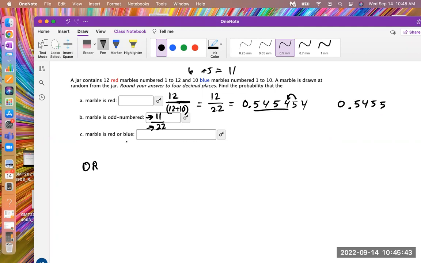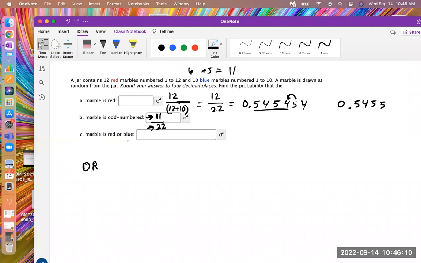Things that are not mutually exclusive could happen at the same time. Can a marble be red and blue at the same time? Well, not any of the marbles in this jar, because they're all either red or blue. There's none of them that are partially red and partially blue. So no, that can't happen, not in this jar.